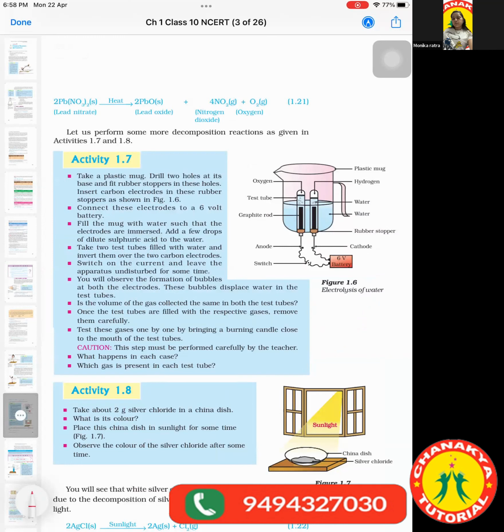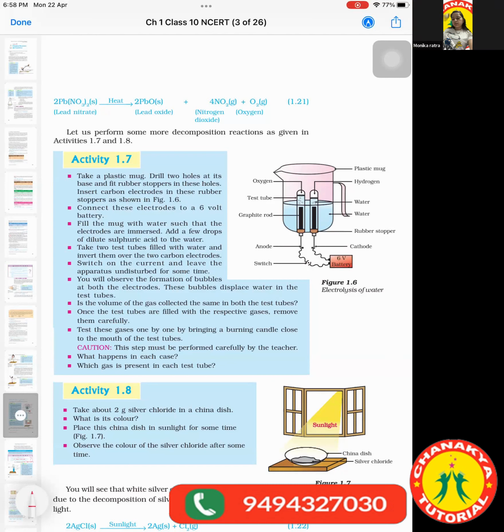Yes, Abhinav. Ma'am, because one is hydrogen, the other is oxygen. No, the reason is something else. I taught you.